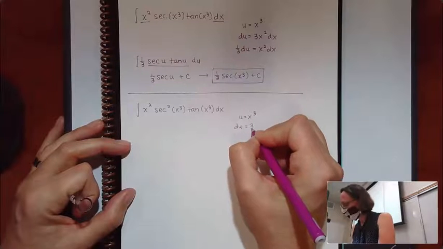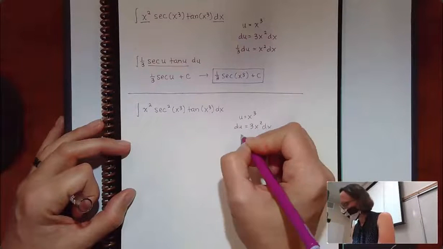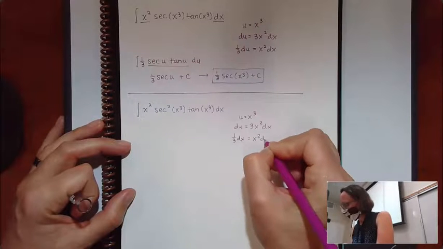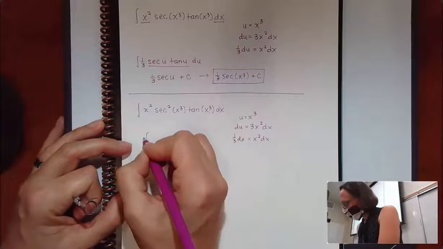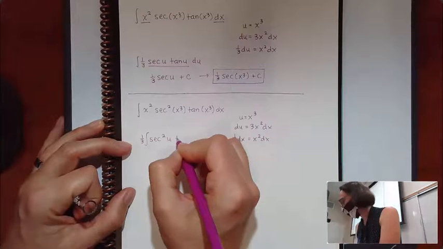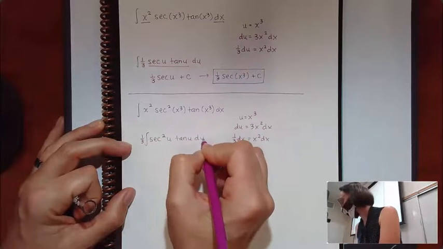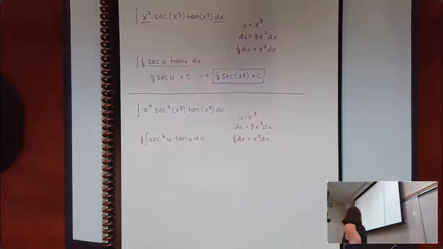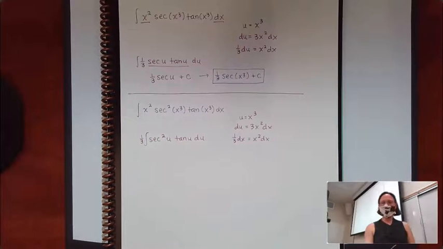It's not the only option here. I'll show you our other option in a second if I don't run out of time on the real clock. But that would make this secant squared u tangent of u du. And that's when I would look at that and go, oh, that isn't somebody's derivative, but somebody's derivative is hiding in the problem. Whose derivative is hiding in the problem?